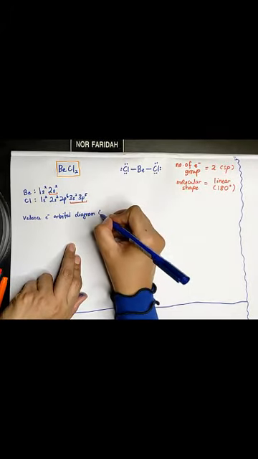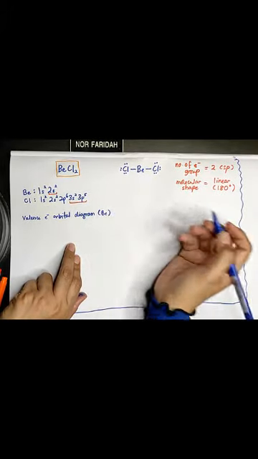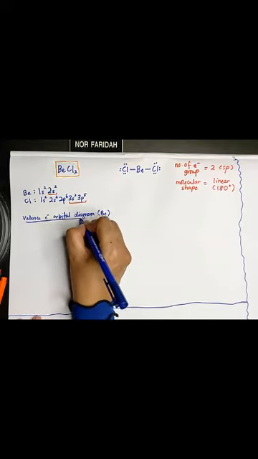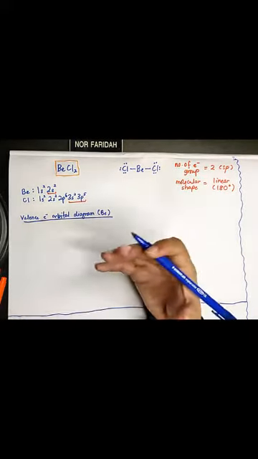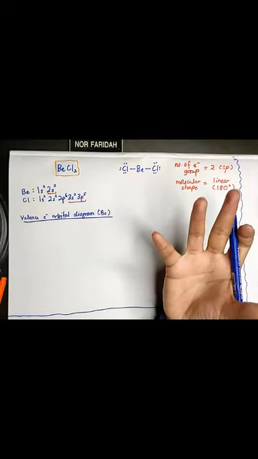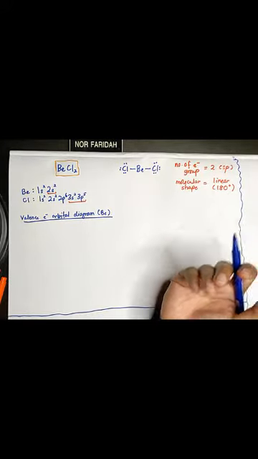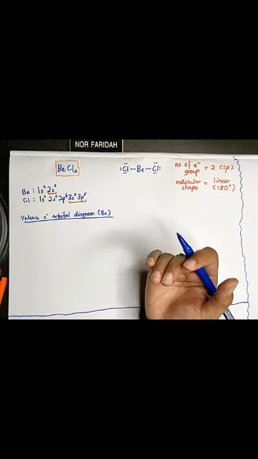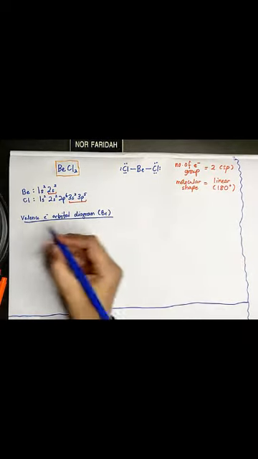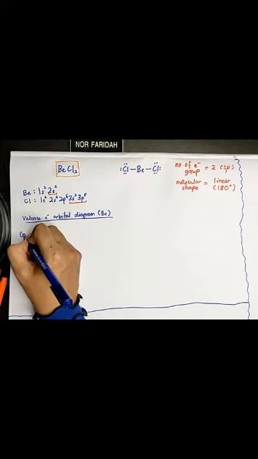For beryllium, because beryllium undergoes the hybridization. Okay, baiklah, I will use bahasa Melayu and English in this video, right? The process untuk hybridization will start with ground state.